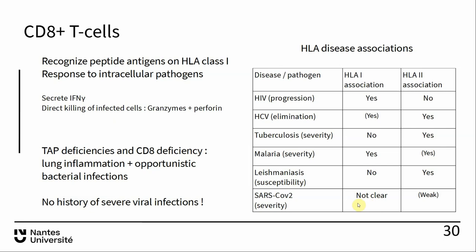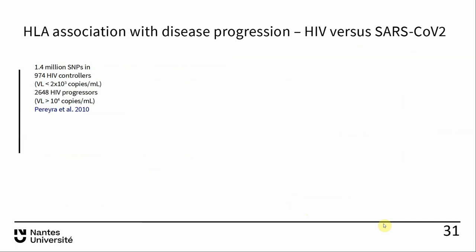So just to give you a kind of comparison between HIV, where there is a very strong HLA class 1 association, and COVID-19, SARS-CoV-2 infection, where there's not much of an association, I'm going to show you this data from a couple of studies in this next slide.